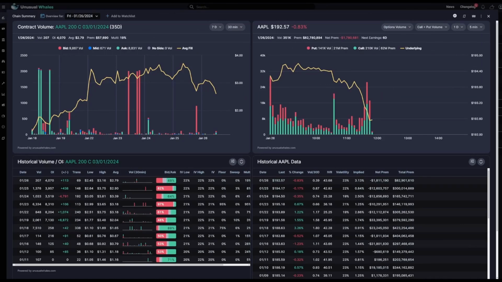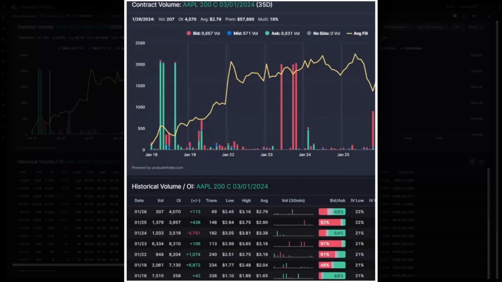Now, how would things look in the case of selling to close a position? So we're looking here at the options contract breakdown for the Apple $200 call from March 1st. On the left-hand side here, you can see these big green bars. These are indications of ask side fills.